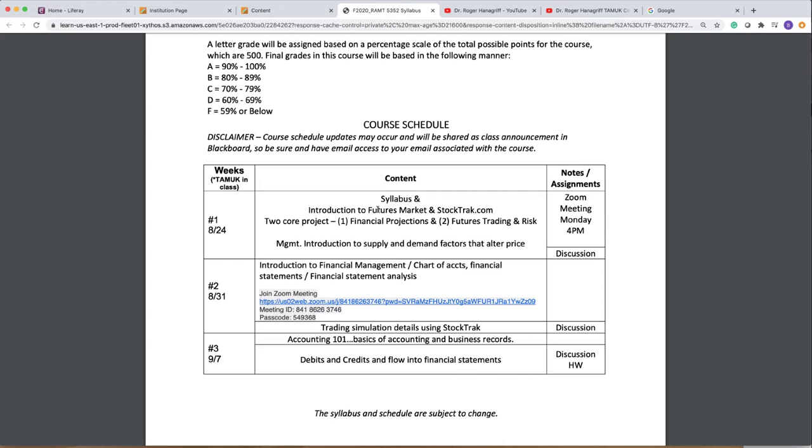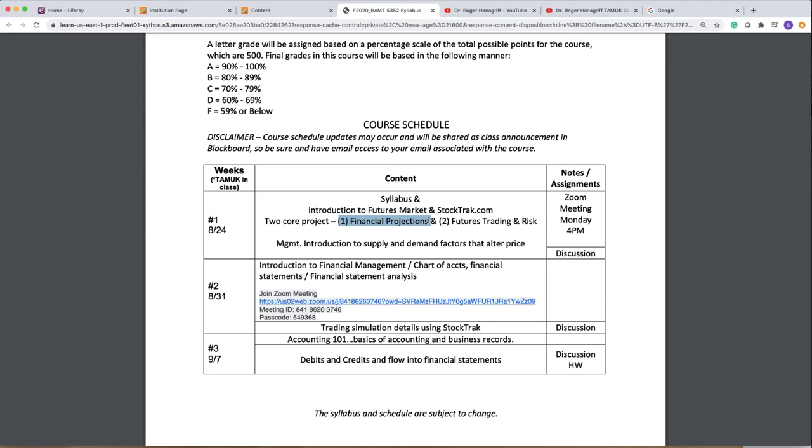Our course schedule is going to break the class into 2 large sections, and I'm going to handle them in reverse order. This is the second time I've taught this course, and last year is where some of this changed. One part of the course is financial projections. That's accounting, financial management, and financial analysis.